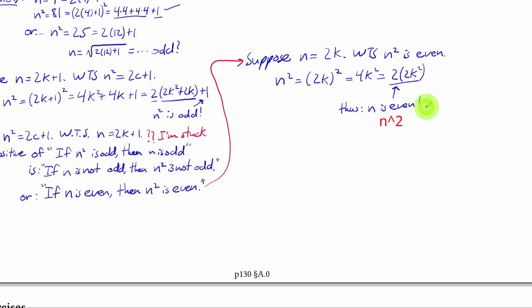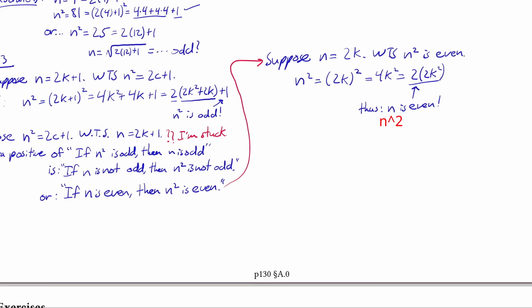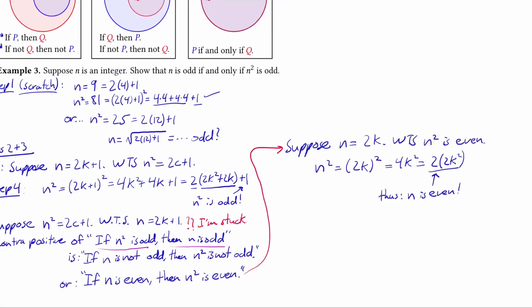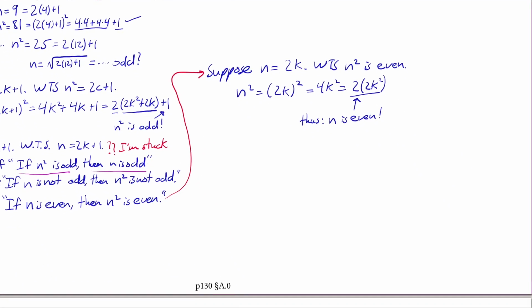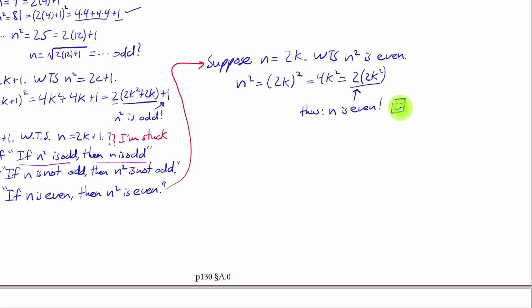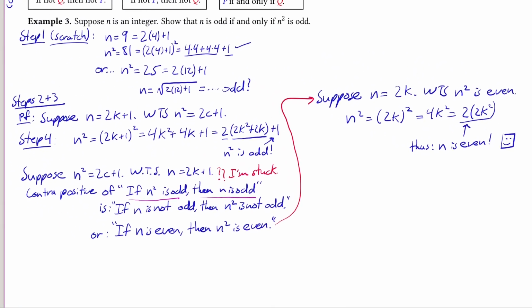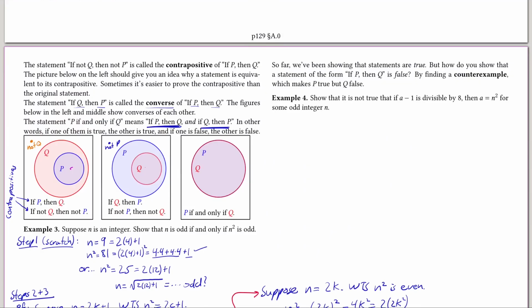So yeah, we've proven by doing this contrapositive that if n squared is odd, then n is odd, because we said if n is not odd, then n squared is not odd. So we have proven both of these two statements, and we do have an if and only if thing here. So that is kind of a tricky one.